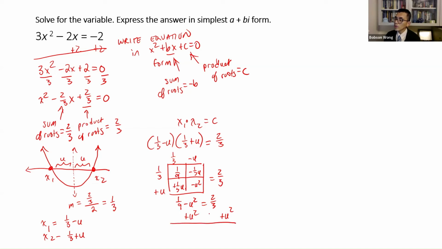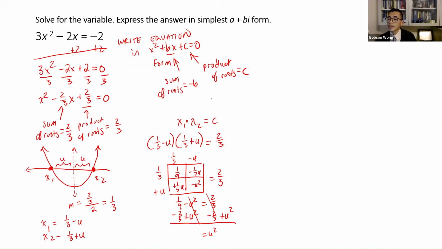So we'll add u squared to both sides. We will subtract 2/3 from both sides so that this adds up to 0 and this adds up to 0. You're going to get u squared equals 1/9 minus 2/3. For 1/9 minus 2/3, again, you can put it into the calculator if you have trouble figuring this out.